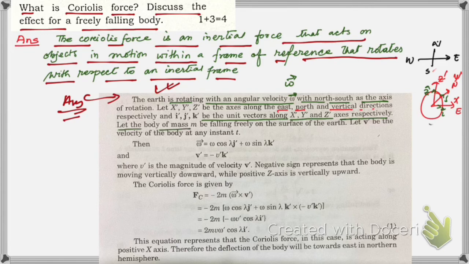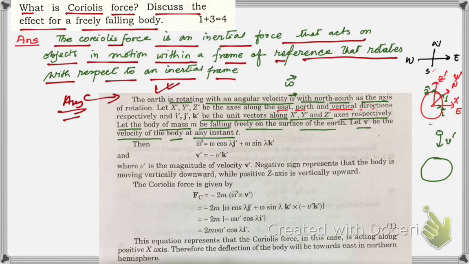Let a body of mass m be falling freely on the surface of the earth. Let v dash be the velocity of the body at any instant t, with respect to this frame x dash, y dash, z dash.